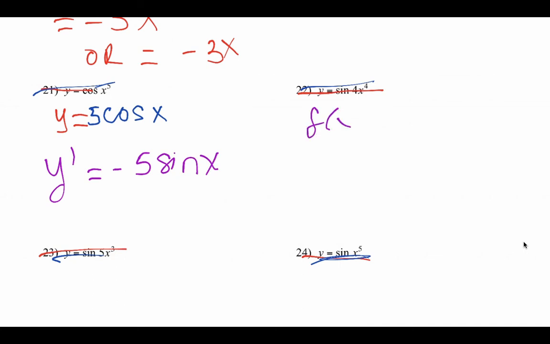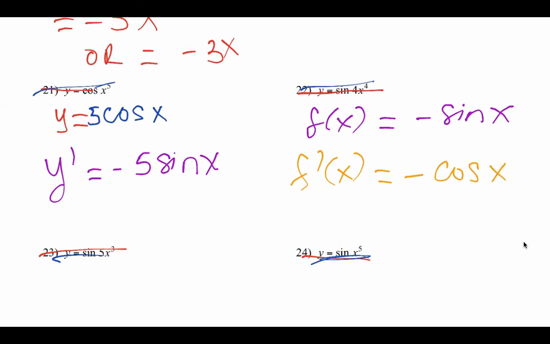If I have a function like this, negative sine, what is the derivative of sine? Positive cosine. But since this one is negative, I can have negative cosine of x. Yes. So the derivative of sine is cosine. The derivative of cosine is negative sine.